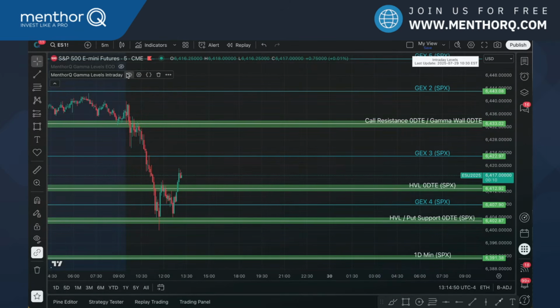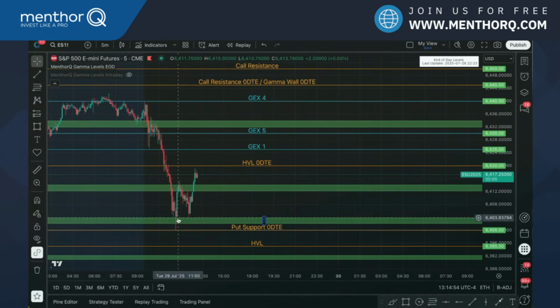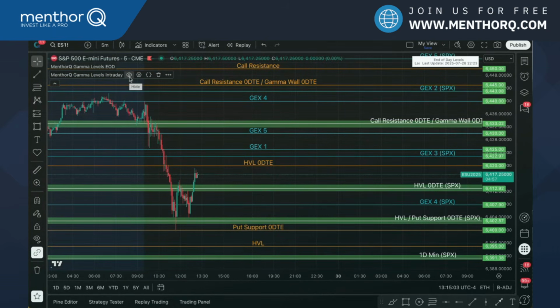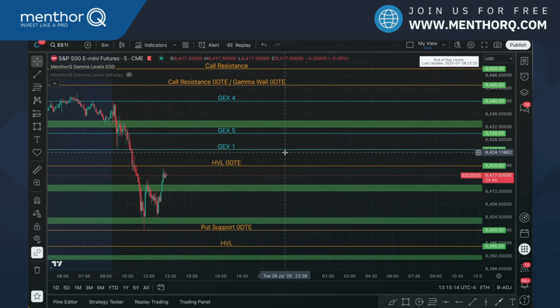If we now hide those levels and add those back, we have a confluence area. The level from ES has been touched, but we also know that this area is very important because it's coming from the intraday move of SPX plotted now on ES. So in a few moments, you can really add a lot of confluence.